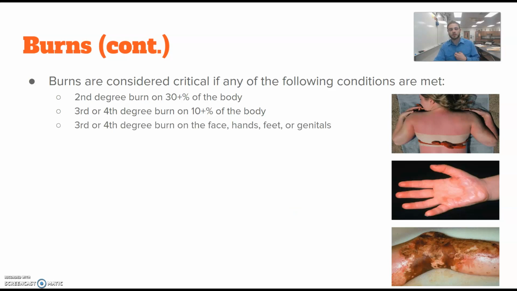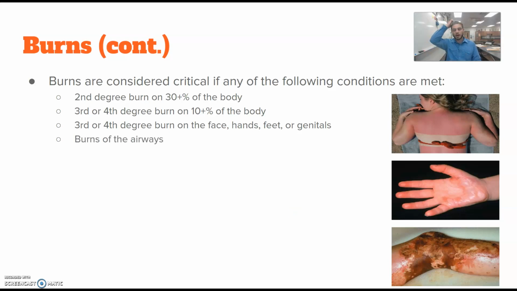Also, a burn is considered critical if it is on your face. Obviously, your face is pretty important. Hands and feet and genitals are also very important places that, if burned, can quickly become debilitating, which is not something we want to have happen.